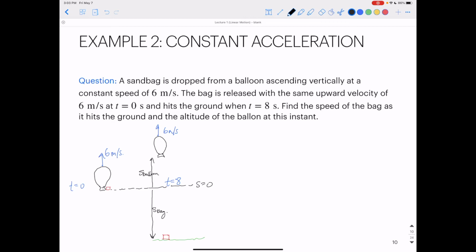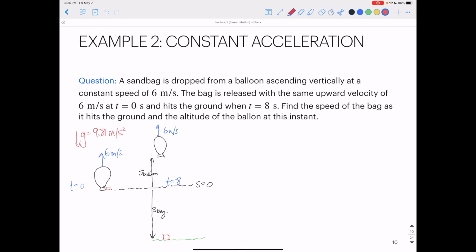There's one thing missing from here, and that is the acceleration. We're assuming this is on Earth, and on Earth acceleration would be downwards, and we'll call this g, equal to 9.81 meters per second squared. So we have all of our information.